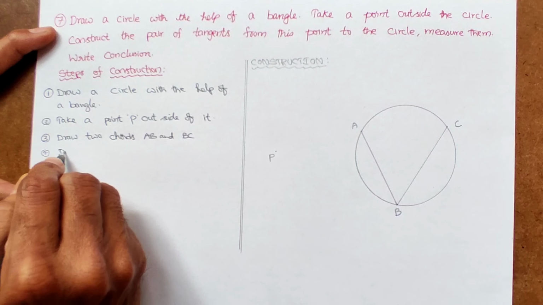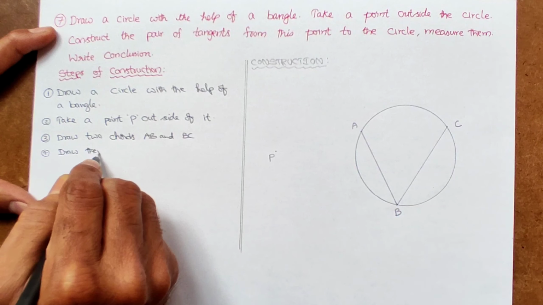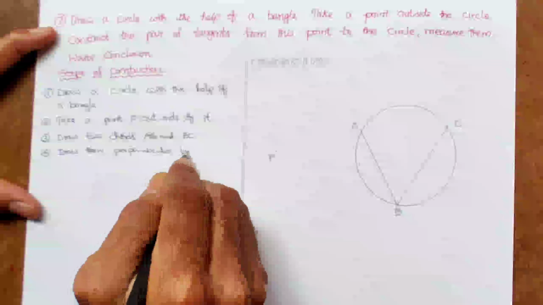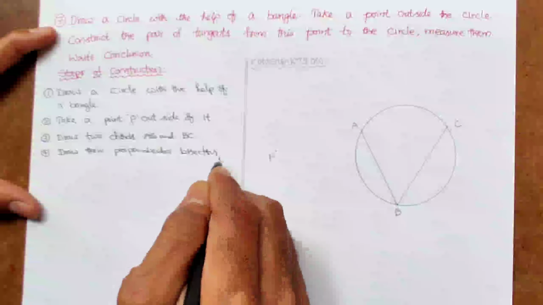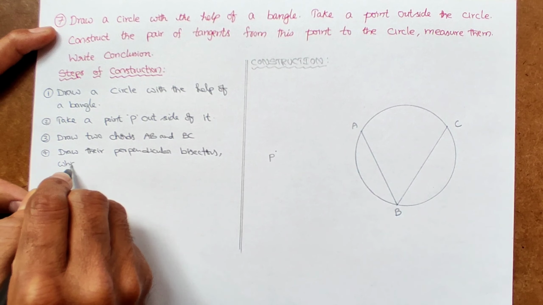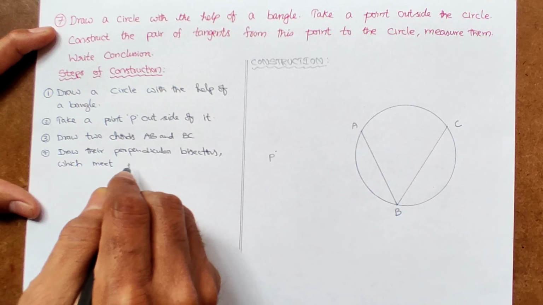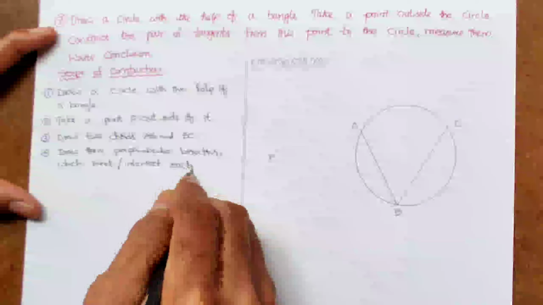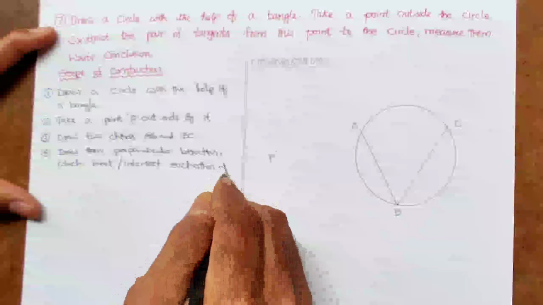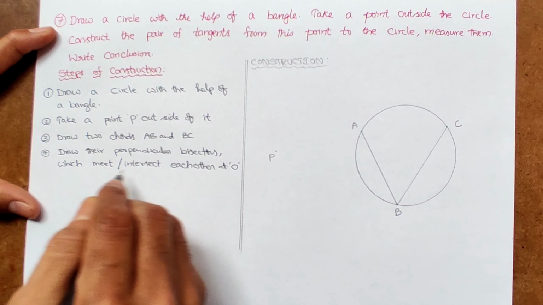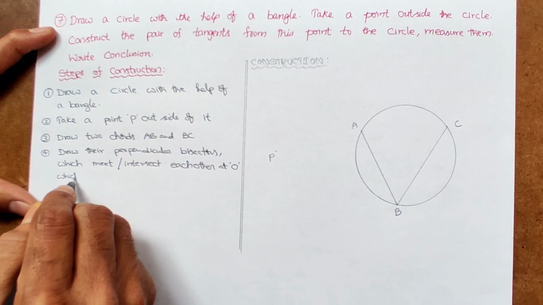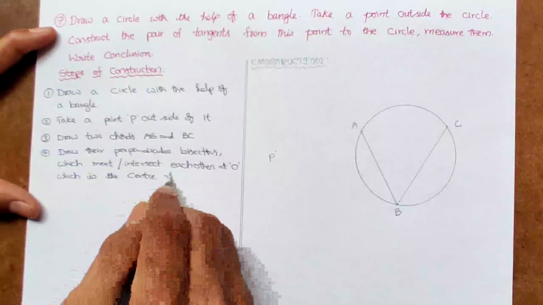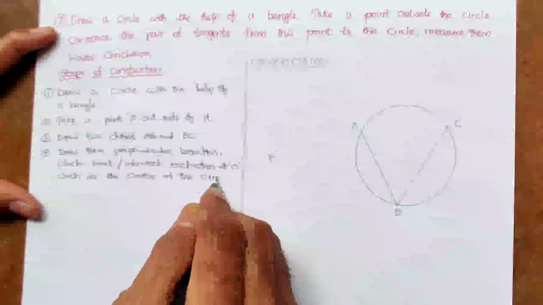Next, draw their perpendicular bisectors which meet or intersect each other at a point, that is O, which is nothing but the center of the circle.